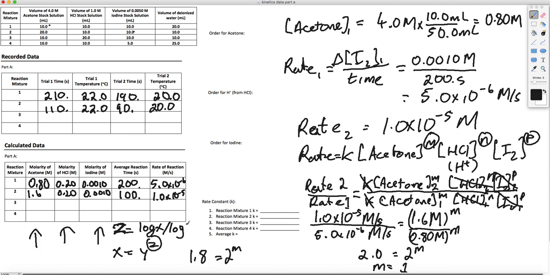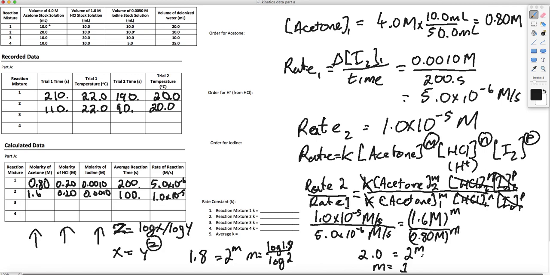So that's how you can solve it, using log logic. In this case, m would equal log 1.8 over log 2, if you want to do it that way. But here you do the same thing, and you'll end up clearly with a value of m equals 1.